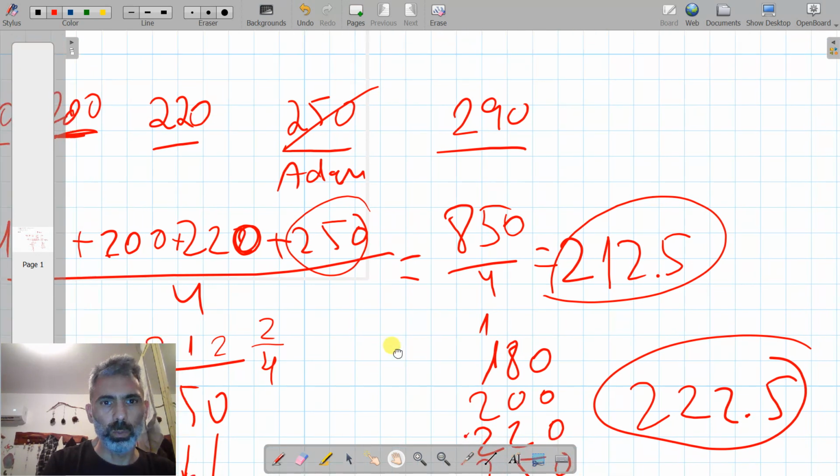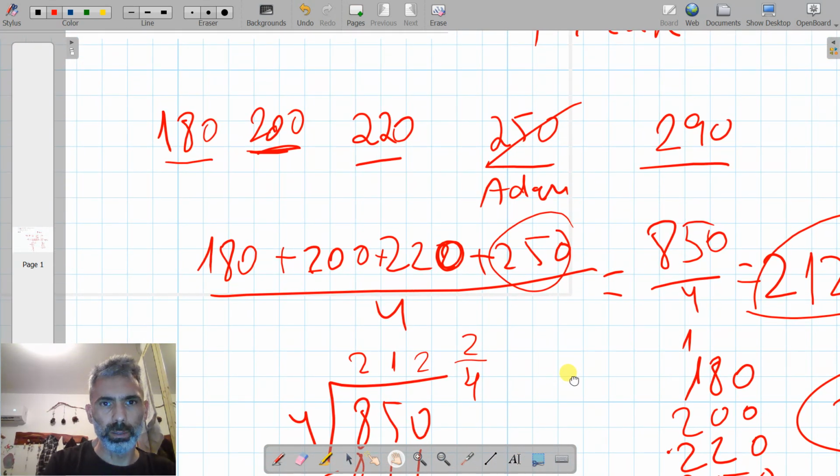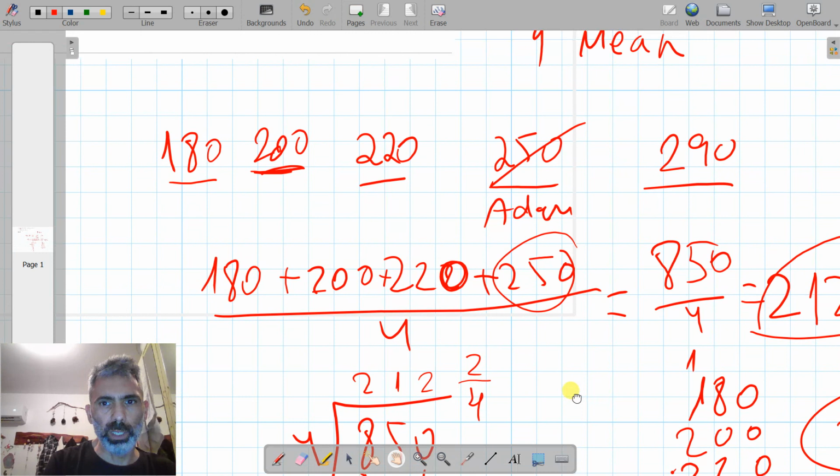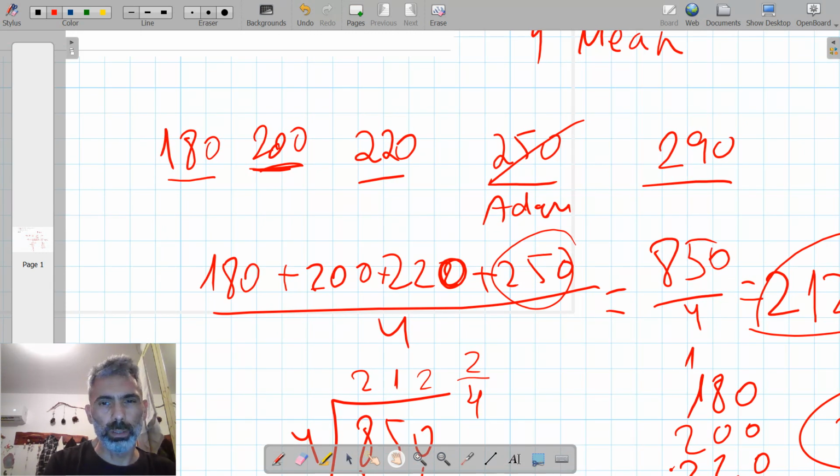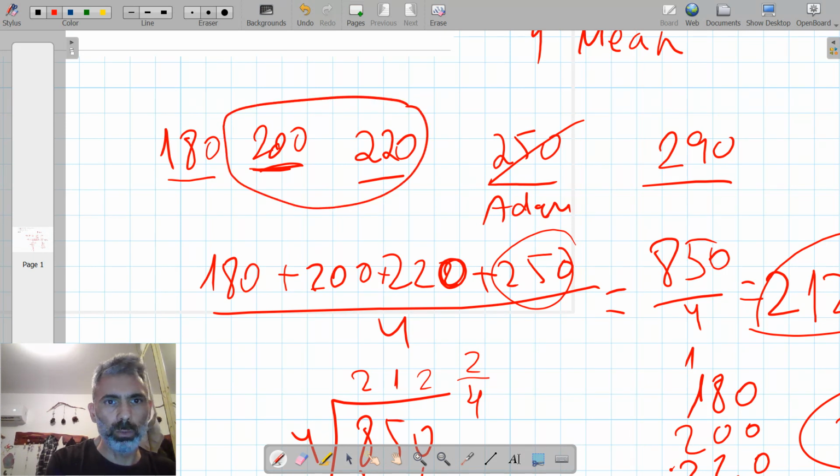Let's see what happened to the median. If we take into consideration Adam's first high score, which is 250, then the median is the mean of these two numbers, which is 210. This is the first median when we take into consideration this high score.